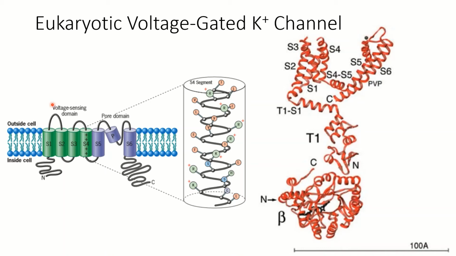And the S1, S2, S3, and the S4, which is sensitive to changes in voltage, is found here in this portion. And this wiggly thing that is ending in an N terminus is actually this portion. So this portion here at the bottom, the beta subunit, is actually not shown on the simplified illustration. You cannot see it here.